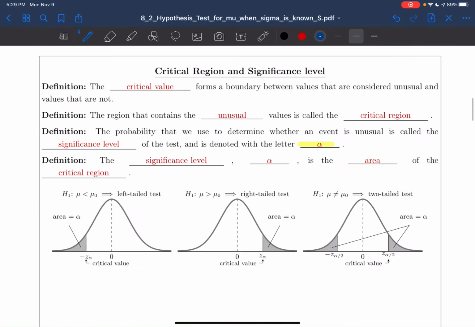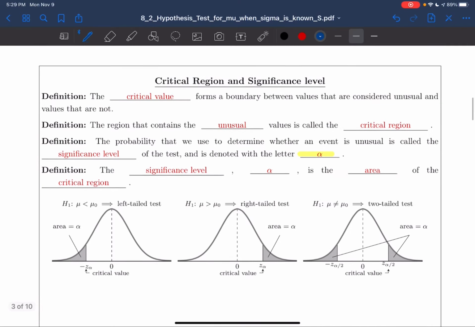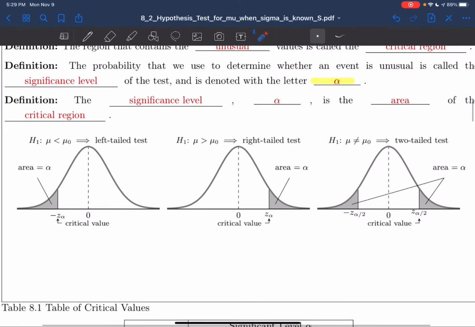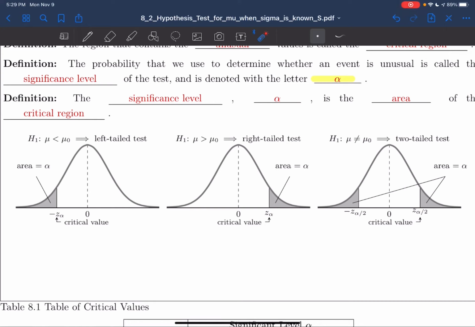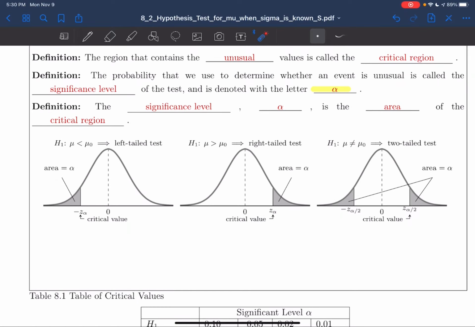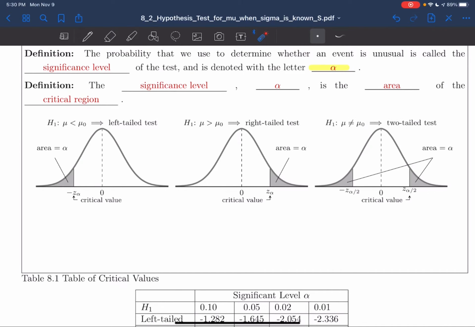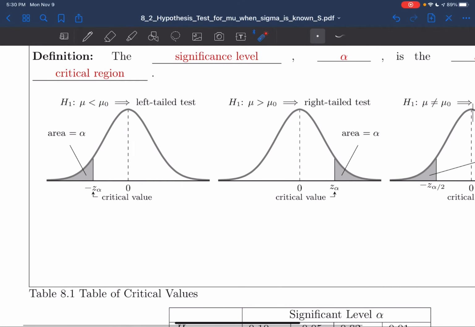Okay. Another definition is that the significant level alpha is just the area of the critical region. And depending on which test we are dealing with, either a left tail, right tail, or two-tail, your critical region and critical value are different. So here's a way to visualize it. Let's look at a left tail test.